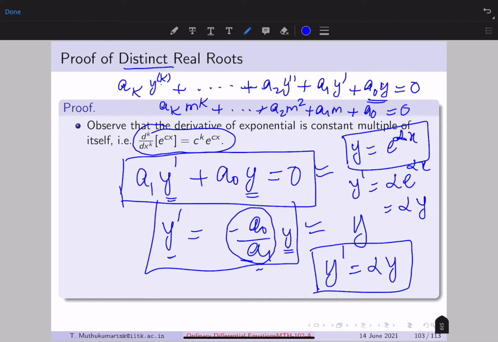So if you are looking for a function y whose derivative is a scalar multiple of itself, then you know that one such function is the exponential. In fact, you know by the fundamental theorem of calculus that the only possible functions are exponentials of that scalar times x, right? So you know such functions.